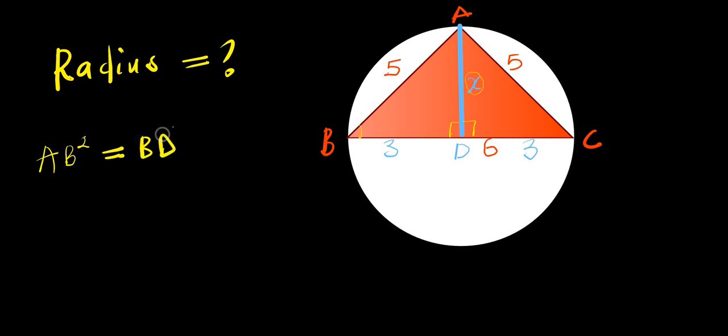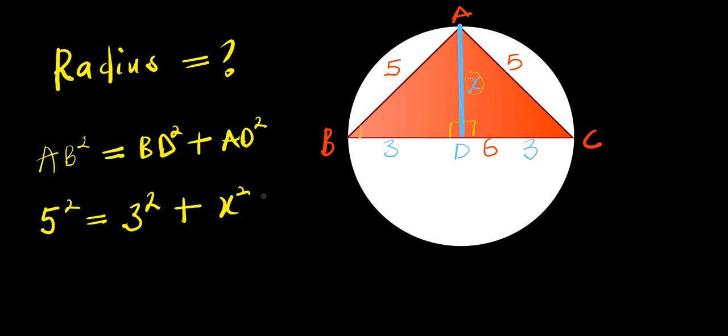We have BD power 2 plus the opposite, which is AD. We have AD power 2, and our AB is 5, so we have 5 squared equals BD, BD is 3, we have 3 power 2 plus AD. Our AD is X, so we have X power 2.